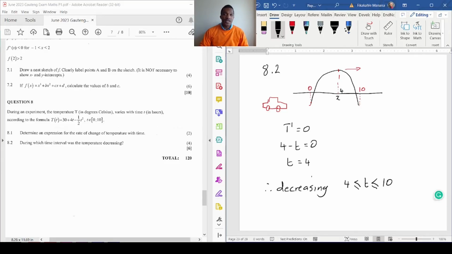Does it decrease at the turning point, yes or no? It's still a big debate. Other than that, this is our final answer. Or you could have written it like this if you liked, from 4 to 10. It's up to you, but that's the final answer.